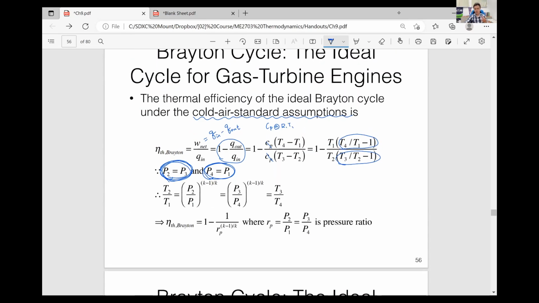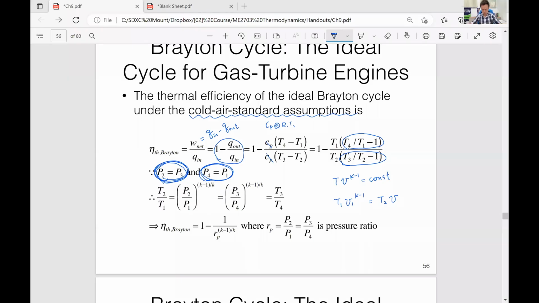For an isentropic process, ideal gas, cold air standard assumption, we know TV^(K-1) is a constant. So for 1 to 2, T1 V1^(K-1) equals T2 V2^(K-1).